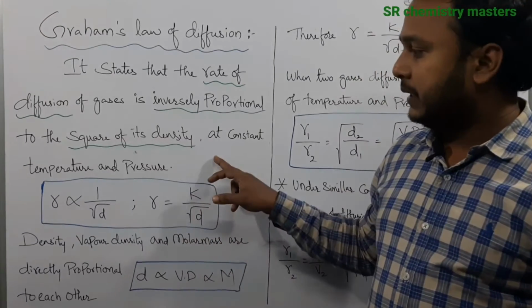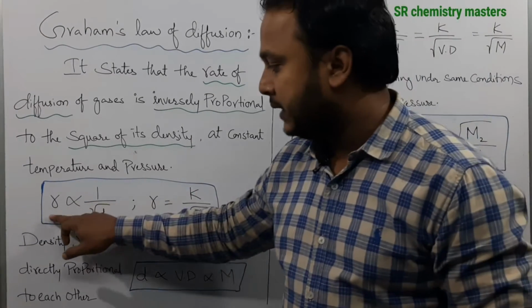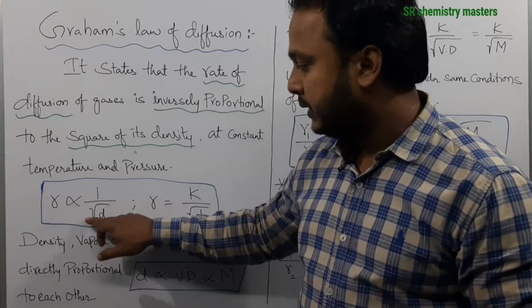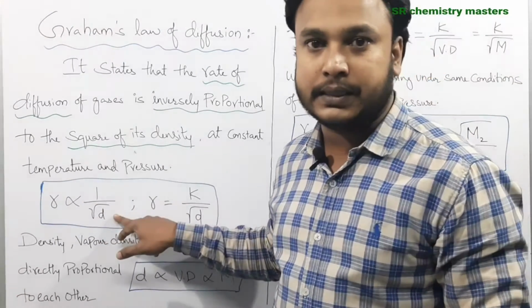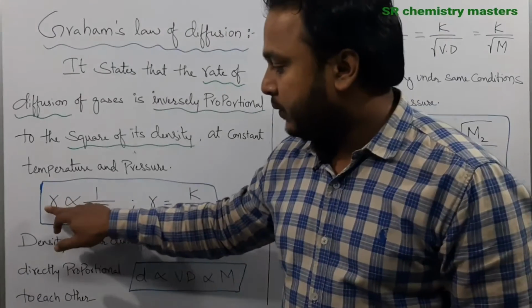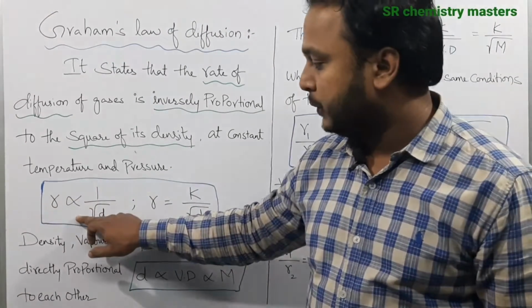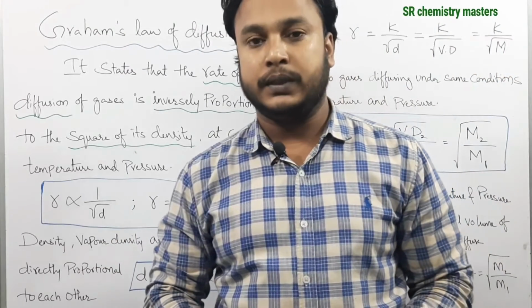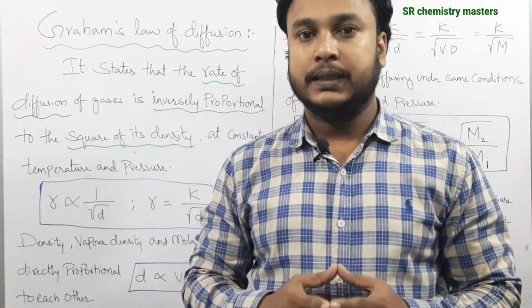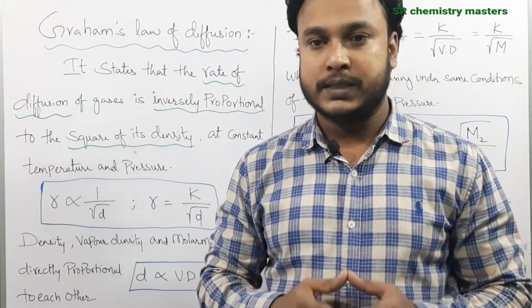This can be mathematically represented as R is inversely proportional to the square root of D, where D is nothing but density. This is Graham's law of diffusion, and in this the temperature and the pressure are constant.